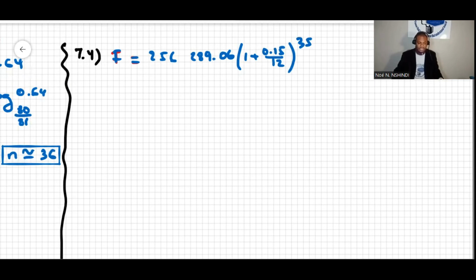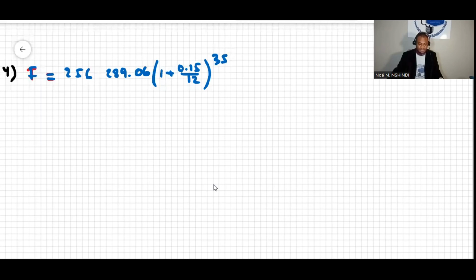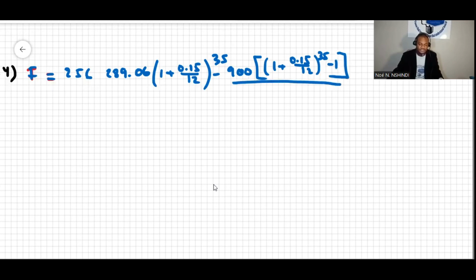And then minus 9,000, open square brackets, 1 plus 0.15 over 12 to the power of 35 minus 1, all over 0.15 over 12. Then F will be equal to, we can use a calculator for that.